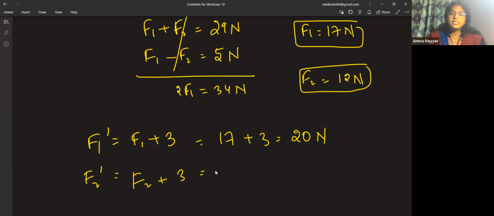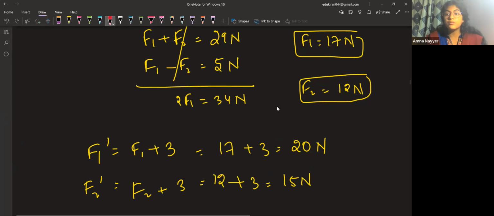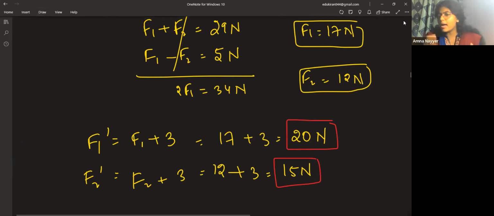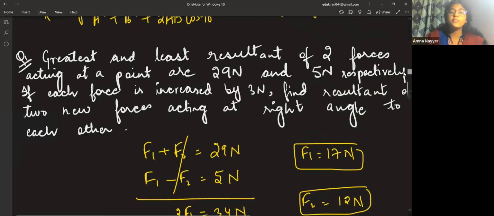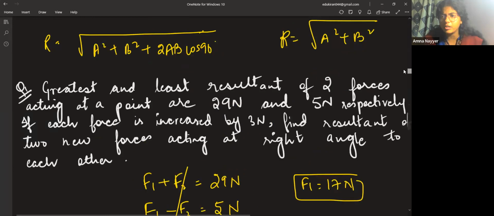F2 is 12, 12 plus 3 will be 15 Newton. These are the values of forces which you have to use now, 15 Newton and 20 Newton. You obtained the forces as 17 Newton and 12 Newton. Now the force is increased by 3 Newton, so you have got the values as 20 Newton and 15 Newton.